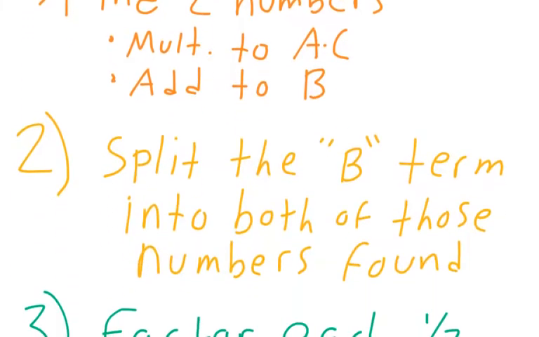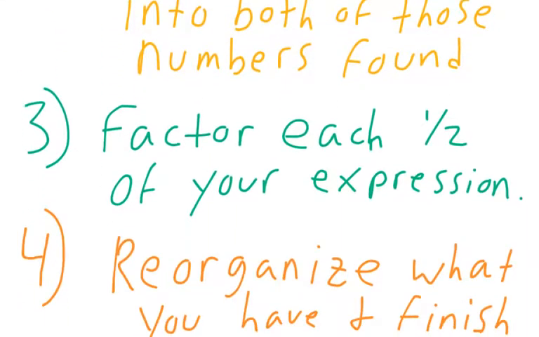Once you do that, you split your b term into the two numbers found. If I'm going too fast, pause it, go back, do what you've got to do. Then factor each half of your expression.